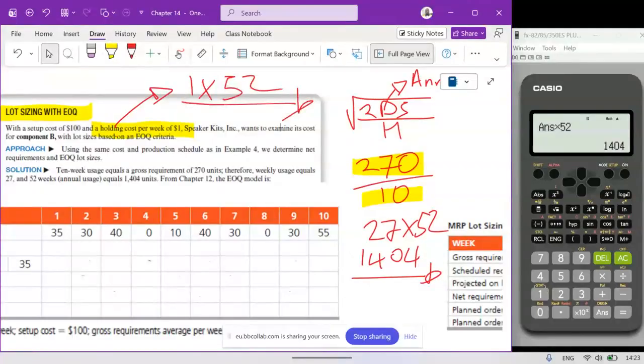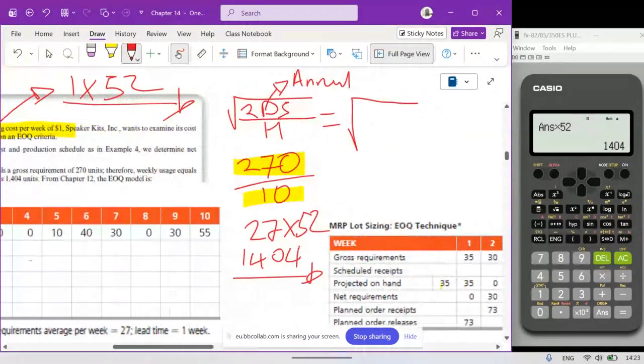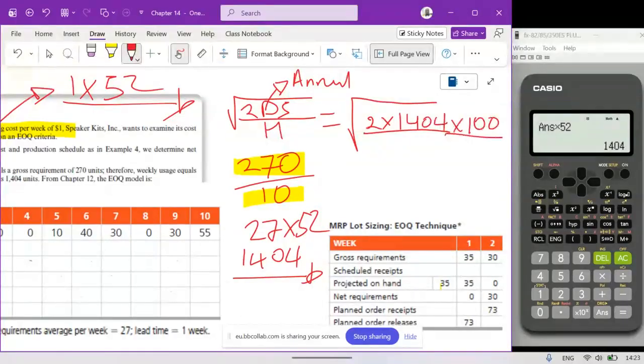So now you come: 2 multiplied by 1404 multiplied by 100 over 52.